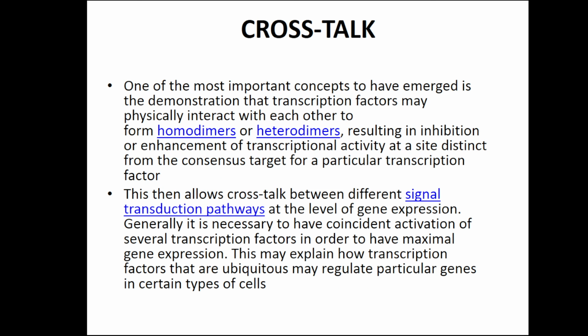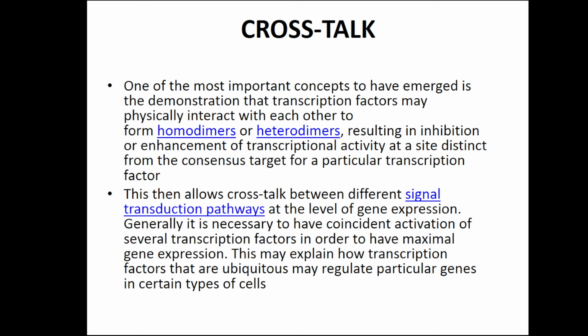About cross-talk. One of the most important concepts, I spoke about this previously, but again need to repeat. The emergence is the demonstration that transcription factors may physically interact with each other to form homodimers and heterodimers, resulting in inhibition or enhancement of transcriptional activity at a site distinct from the consensus target for a particular transcription factor.